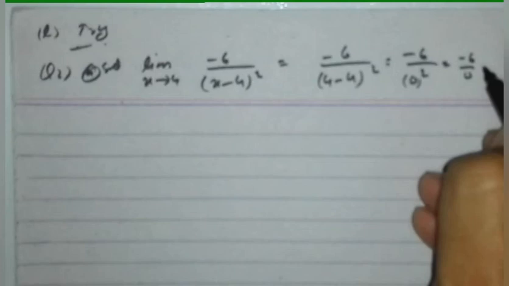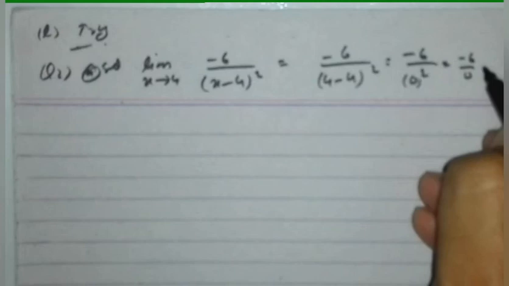Further, we can write it as limit x tends to 0, 1 over x, take the LCM, 3 into (x plus 3). So here 3 ones are 3 and here x plus 3.